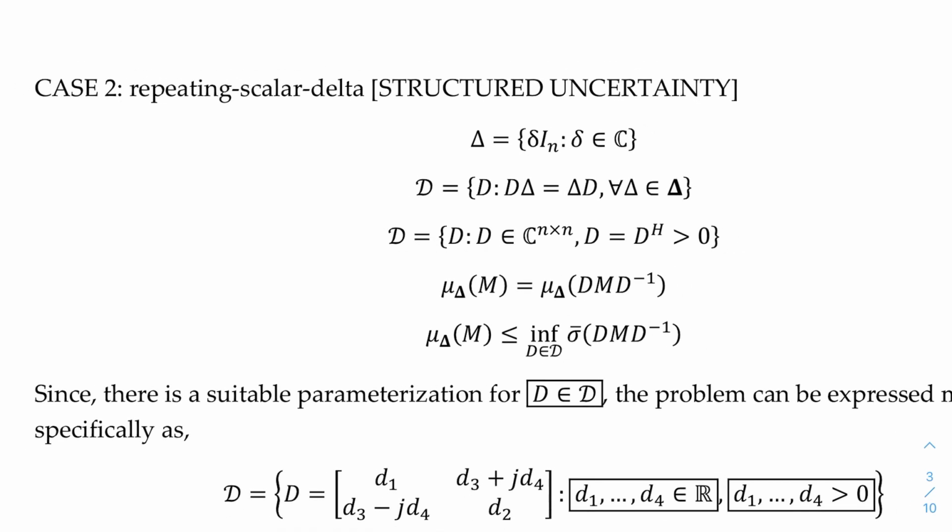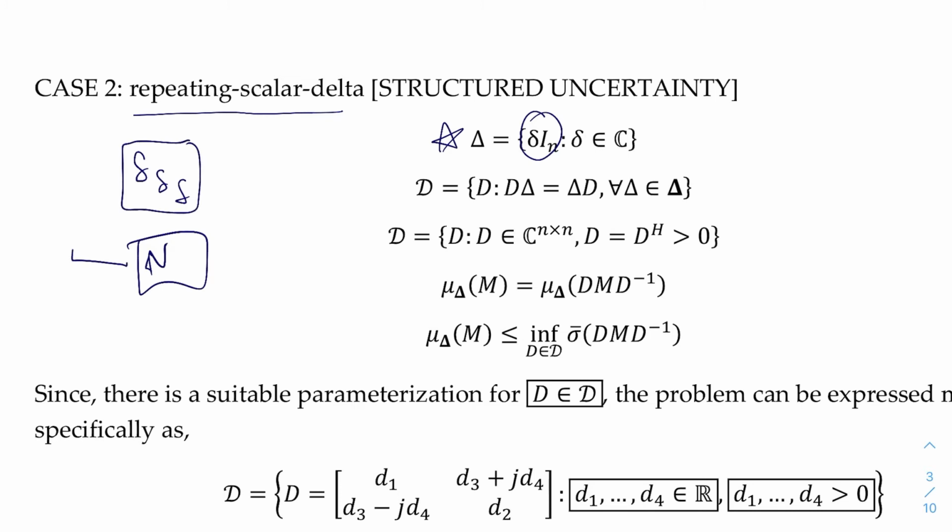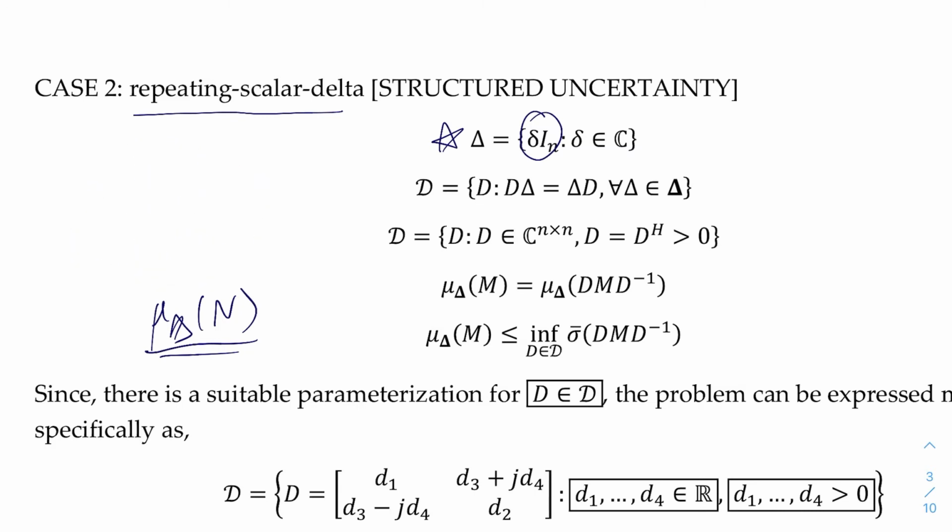And wait a sec. Our second case is repeated scalar delta uncertainty. Here, just something like this, N, and just delta, delta, delta, or delta times identity. Okay, just compute that, right? Just forget the block diagram that I wrote, okay?